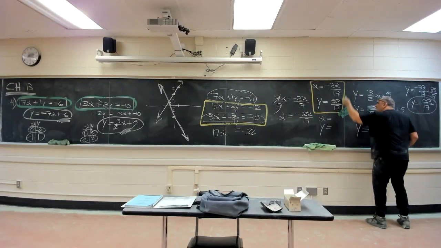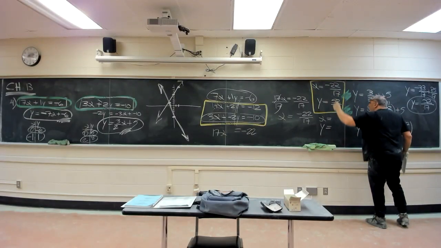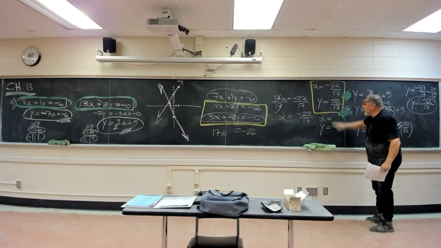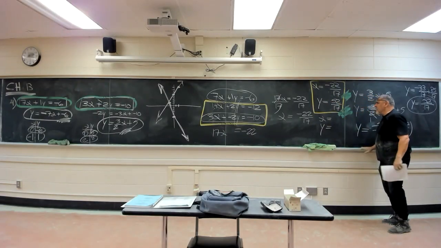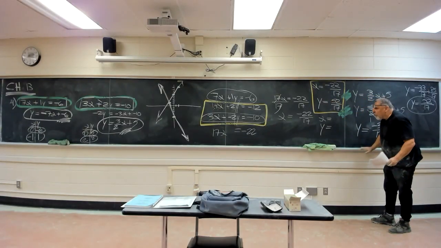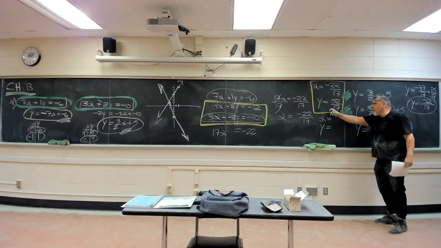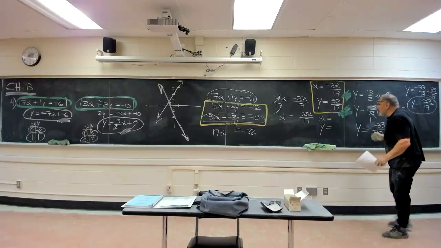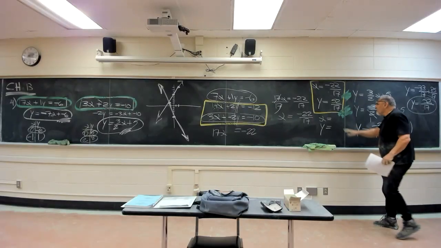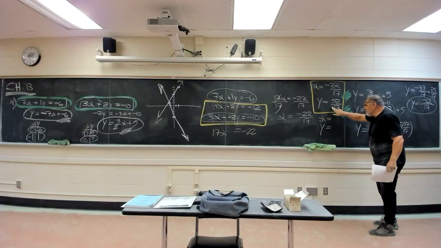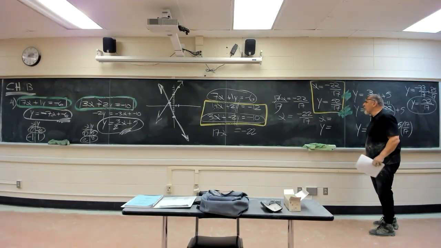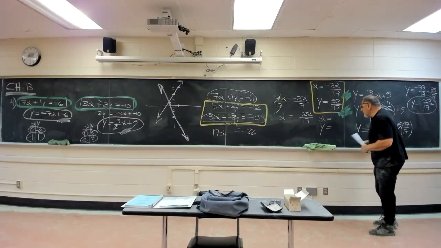This is about negative 1.33. This is about positive 3.1 something, negative 1.3 something. This is a little more than 5 in magnitude, and this is about 1.3 in magnitude.